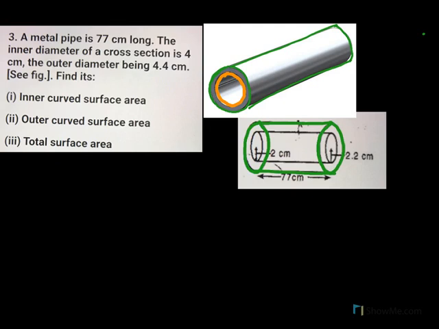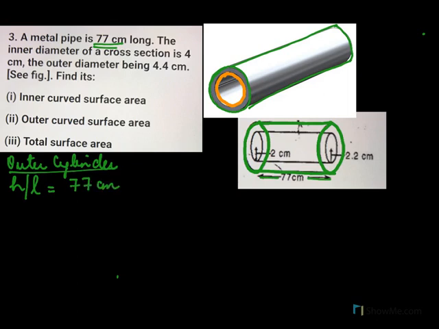So I've drawn the outer cylinder, and now let's write the dimensions of the outer cylinder. We know the height or the length is 77 centimeters.